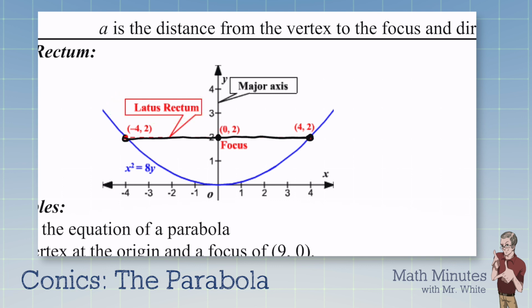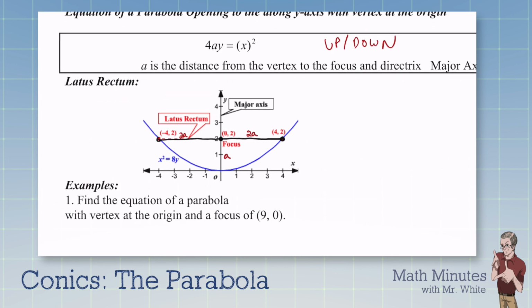And the reason this is useful is because we're going to be able to go 2a in either direction and get those points. They're really easy points to get, which help you figure out how wide the parabola is. So once you know A, you can then draw the latus rectum points, this point here and this point here, endpoints on this line segment. Okay, so that's that term also.